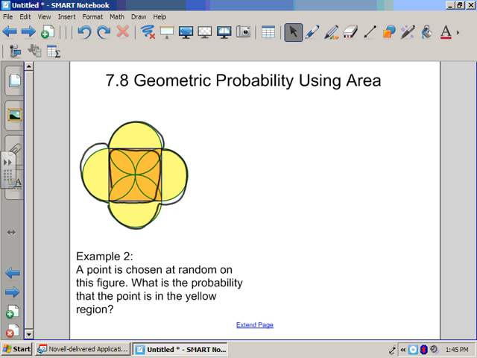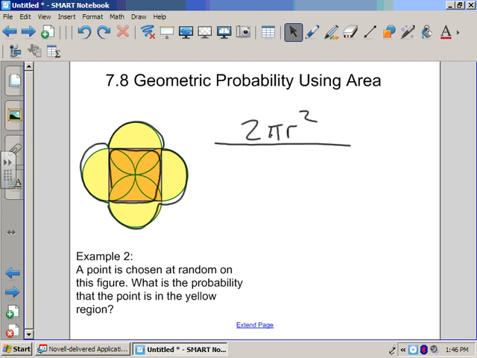What's the area of the yellow region? I don't have any numbers for the radius, but it sure looks like I've got 4 half circles. 4 half circles is the same as 2 circles. The area of one circle is pi r squared, so the area of 2 circles is 2 pi r squared. That's my favorable region.